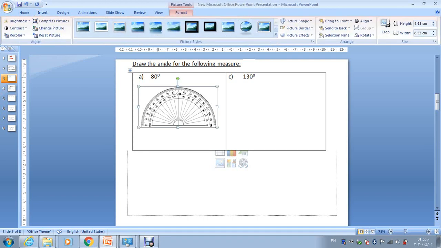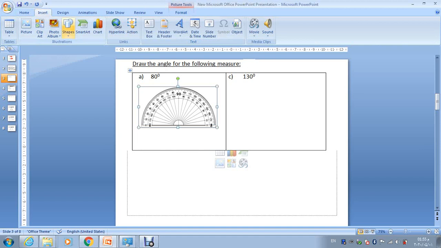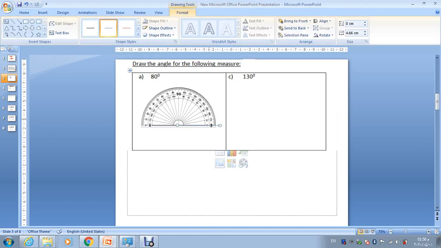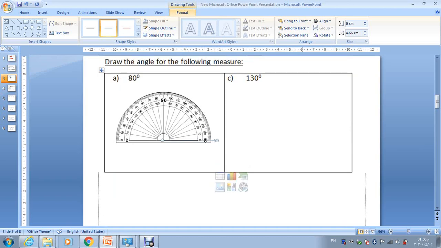So if I want to draw an 80-degree angle, I will start from the vertex, the center, this way, and then count from the 0: 10, 20, 30, 40, 50, 60, 70, 80.